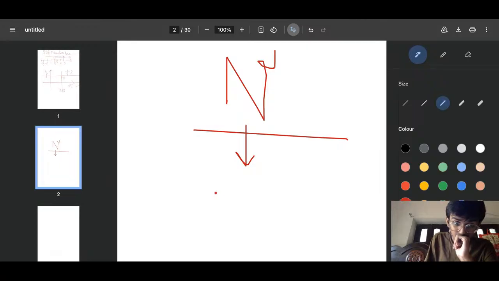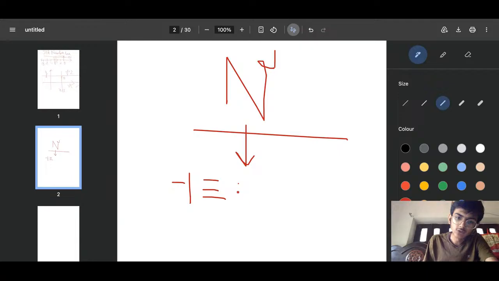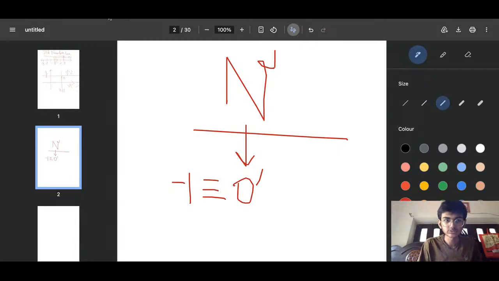And here, in the older system, one, suppose, is equivalent to 0 dash. If you have attended my last lecture, then you are aware of this type of definition.